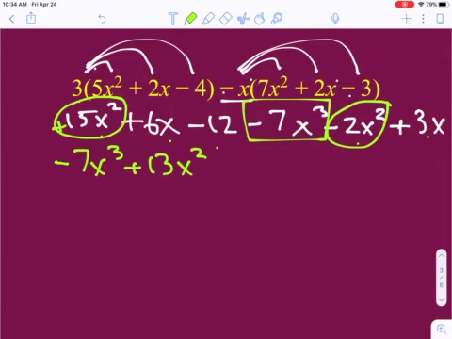Now I'm going to do my x terms, and I'm going to underline these. So I have positive 6x and positive 3x. If I add those up, I get 9x. And then what I'm left with, I'll just put this in sort of like a pentagon. It's minus 12, all right?